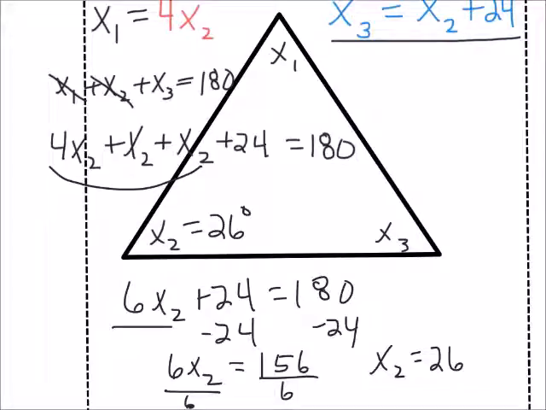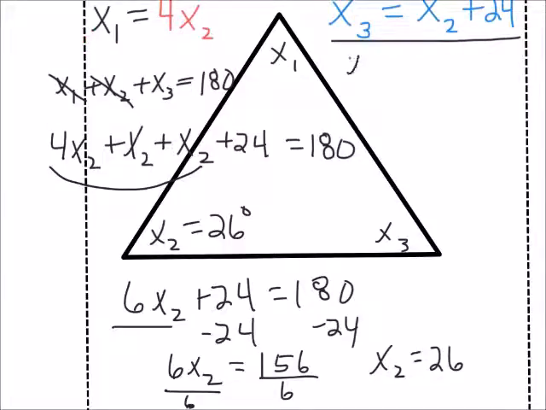So we need to go back and read the problem to make sure we answered the right question. It says, what is the measure of the first angle? So we actually haven't gotten the measure of the first angle. We have the measure of the second angle. But based on this relationship, we do know that x sub 1 equals 4 times x sub 2.